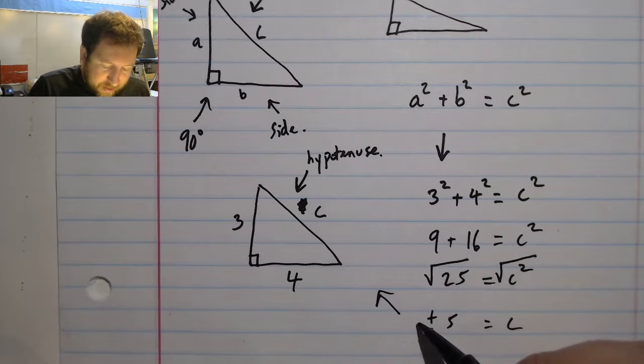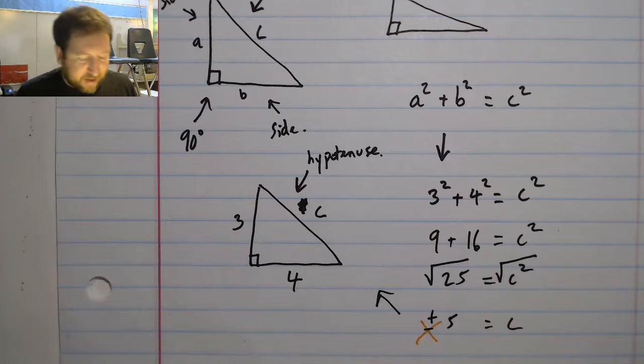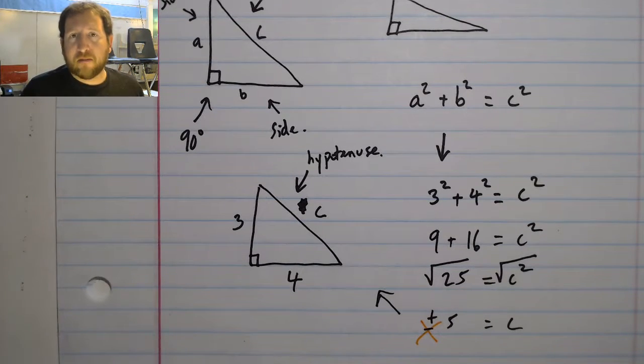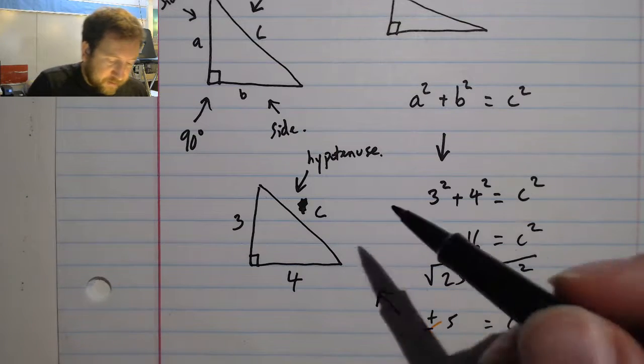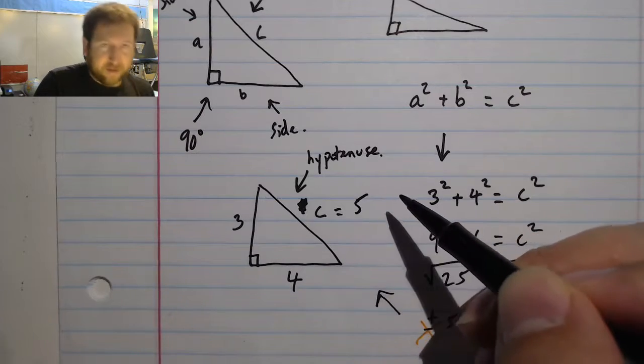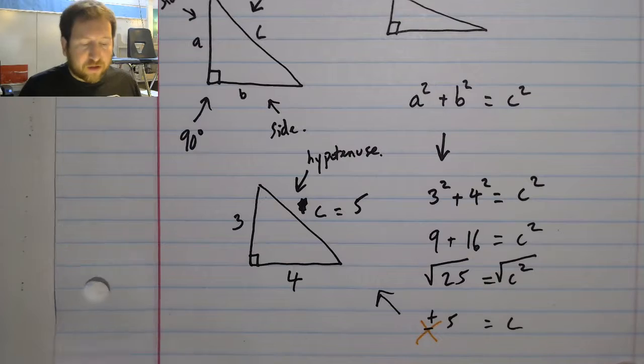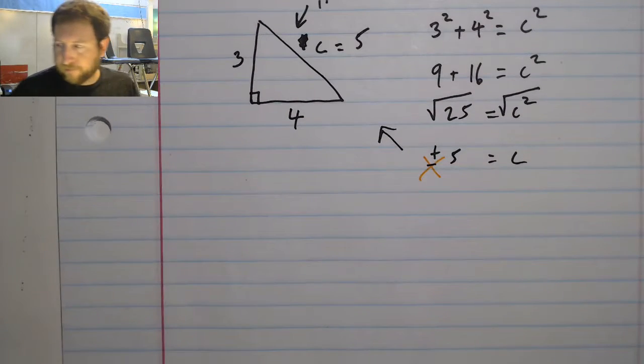So I can get rid of that minus, and I don't need to account for it because I can't have a side that measures negative 5 inches. It doesn't make any sense, and I can get rid of it in this case. So I can say that my C here is equal to 5. And this is a 3, 4, 5 triangle, and it is a very special case of Pythagorean theorem.